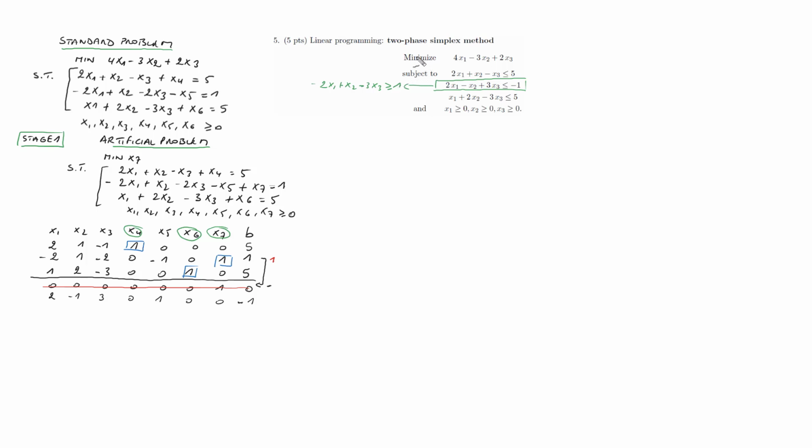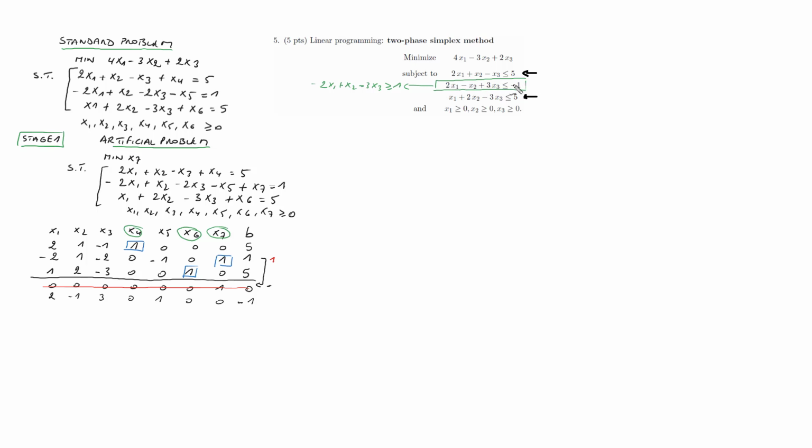In a standard problem, we have a minimization problem, so this we can keep, but we have to transform these inequalities in equalities. For the first and the third equation, we have on the right side positive numbers, right, and we have smaller or equal, so we can transform this into an equality by using slack variables that are positive, x4 and x6. Here we have an inequality, but on the right side a negative number, so we have to change this.